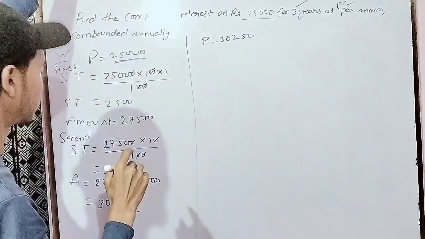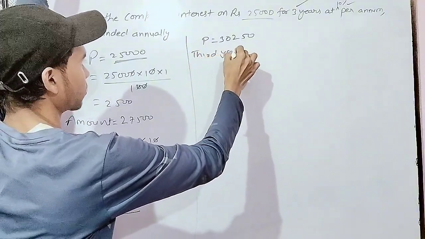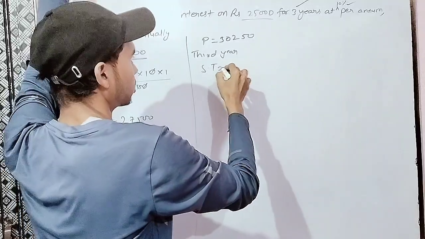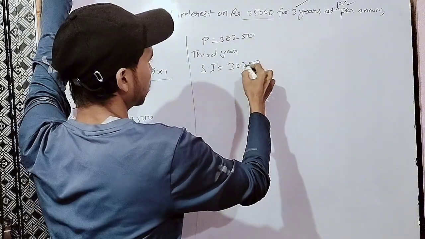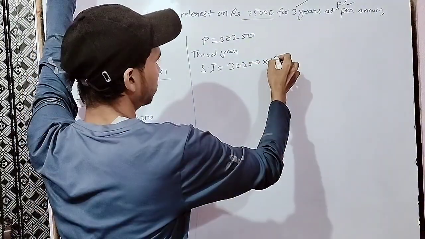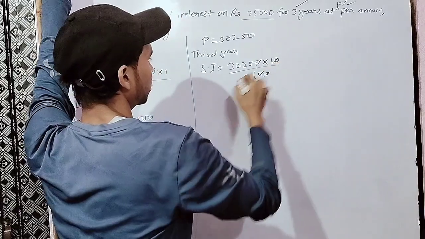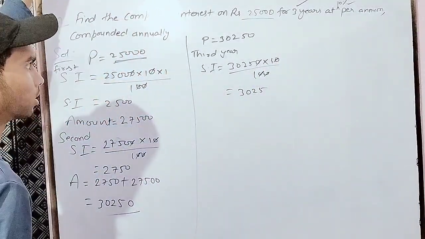R is 10, third year. Multiply 10 upon 100. This is a simple interest only.